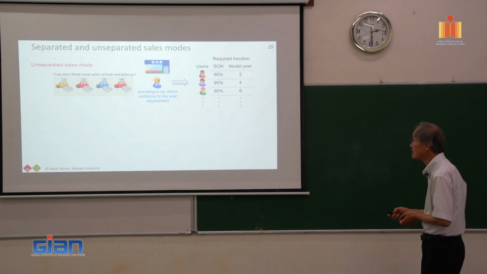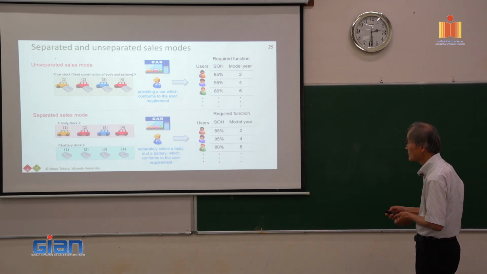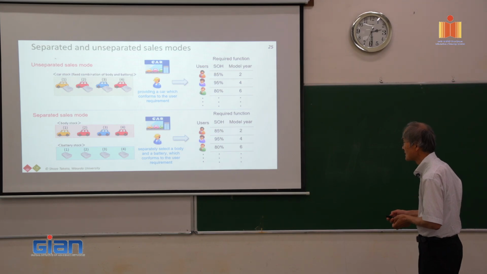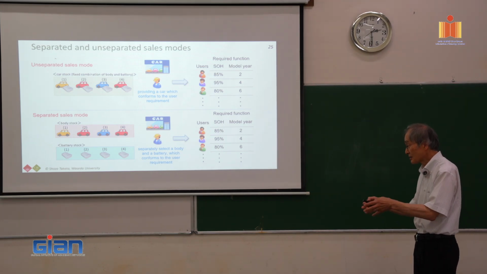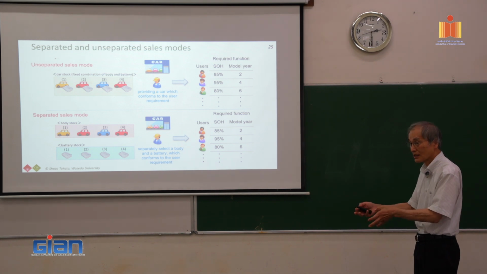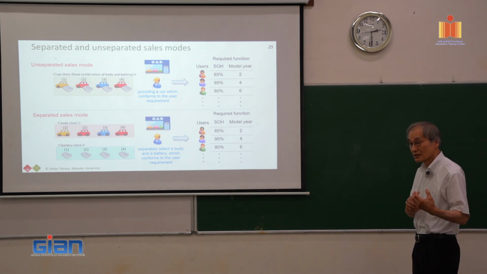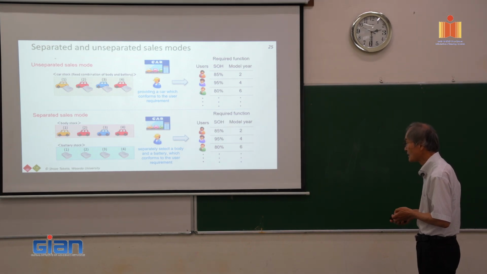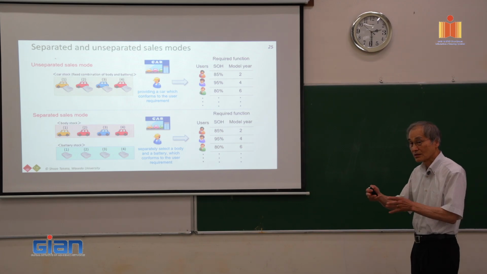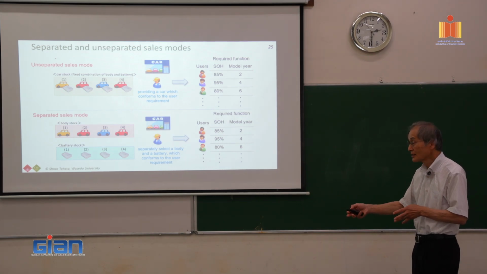And the second one is the separated sales mode. That means from the returned car, the lithium-ion battery is taken out, and then the car body and batteries are stocked independently.